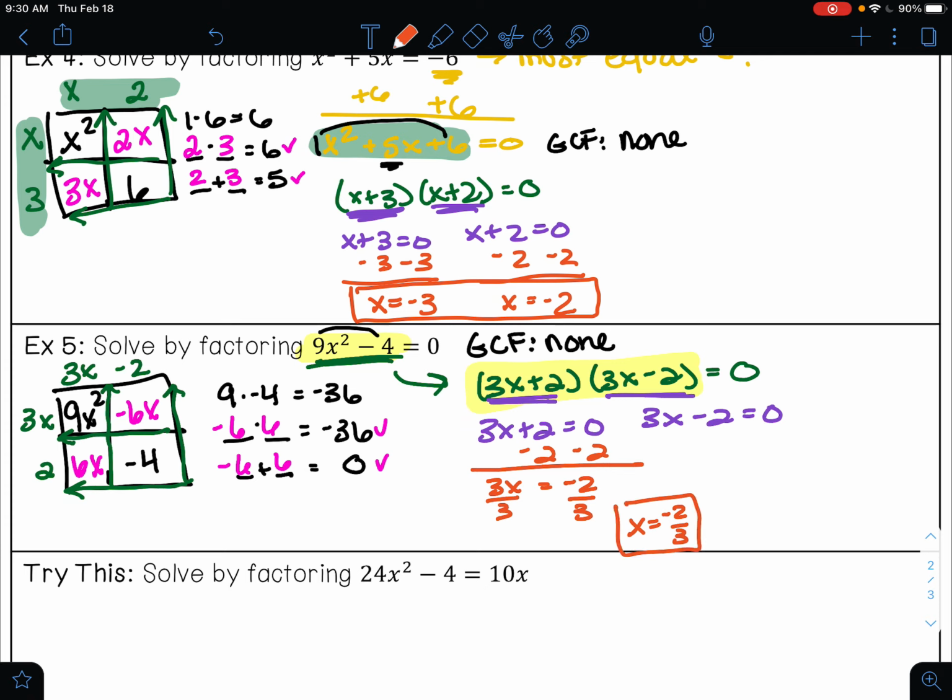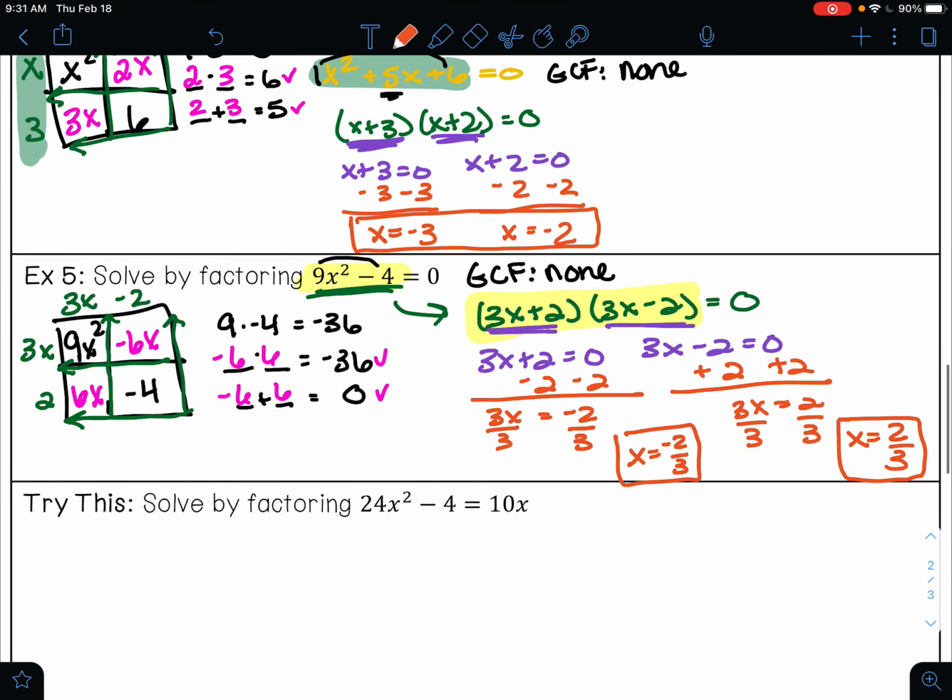For the other equation, to undo subtraction, I'll add 2 to both sides and get 3x equals 2. To undo multiplication, I'll do division and get x equals positive 2/3. So my solutions are negative 2/3 and positive 2/3.